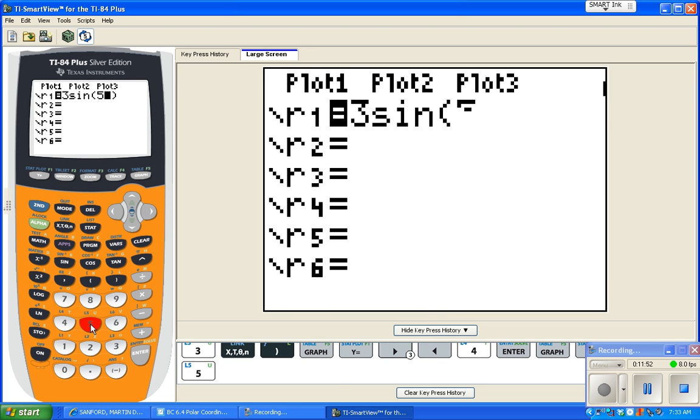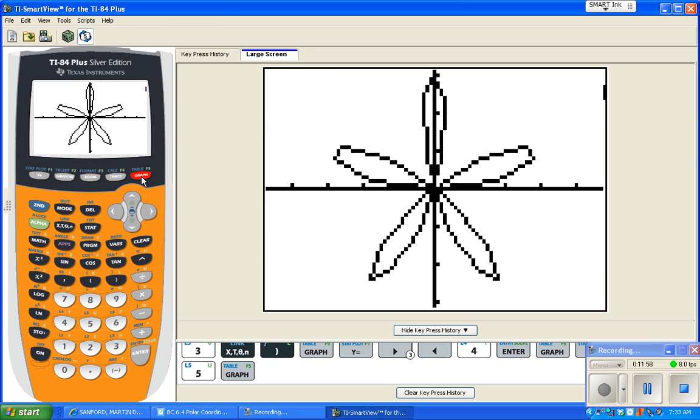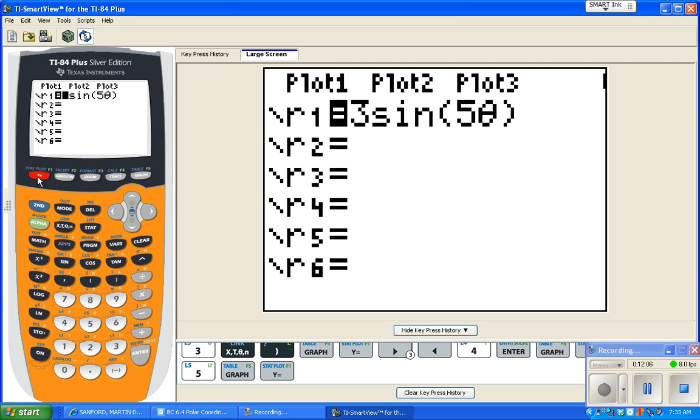Okay, I'm going to go to 5. What do you think is going to happen? There are 5 leaves on this, 5 petals. Okay, let's go to 6. Well, not 56, that would be too many.